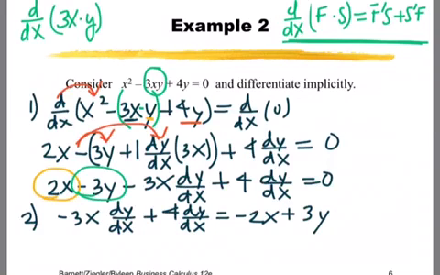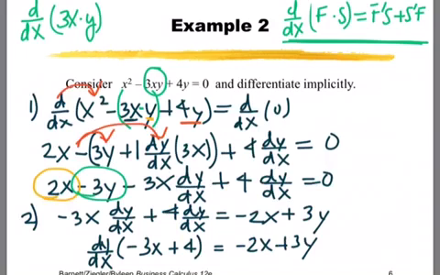If we factor out a common factor of dy/dx, we have negative 3x plus 4 equal to negative 2x plus 3y.